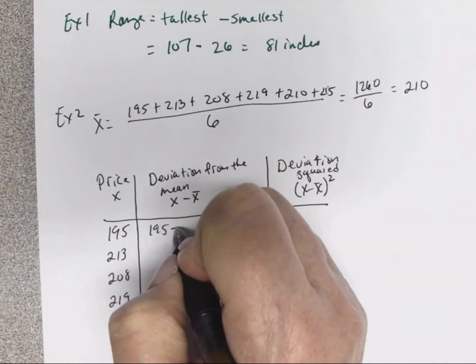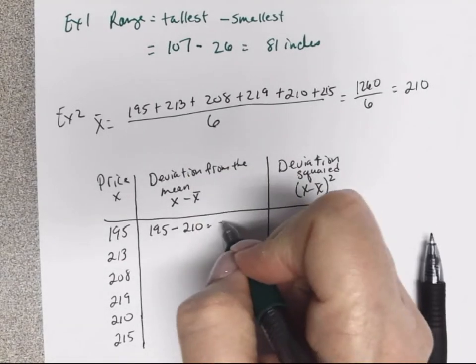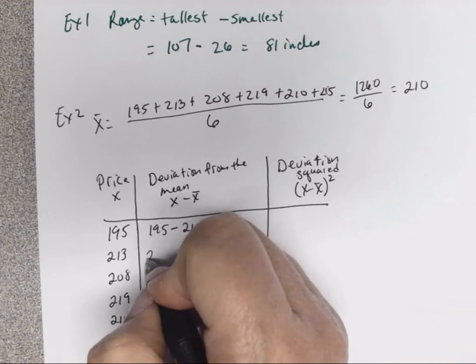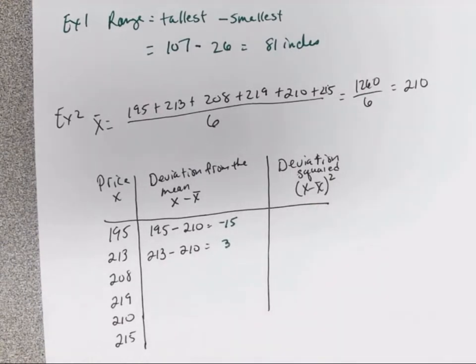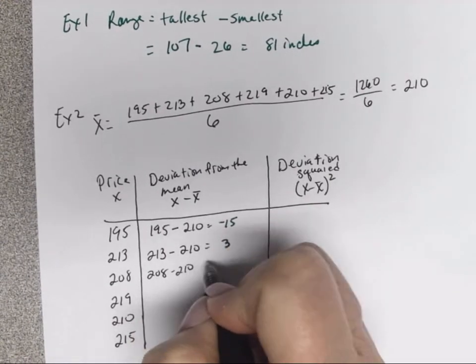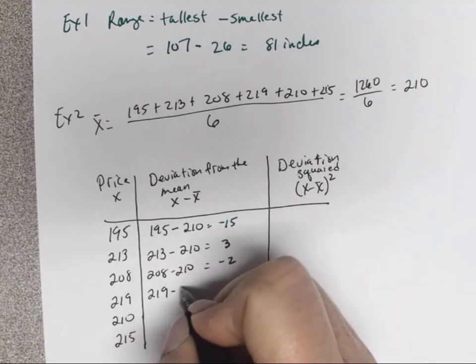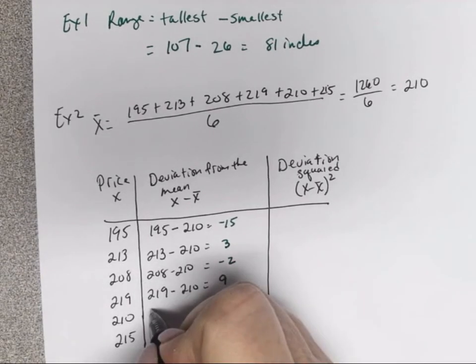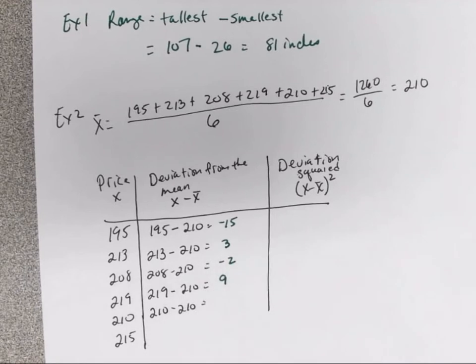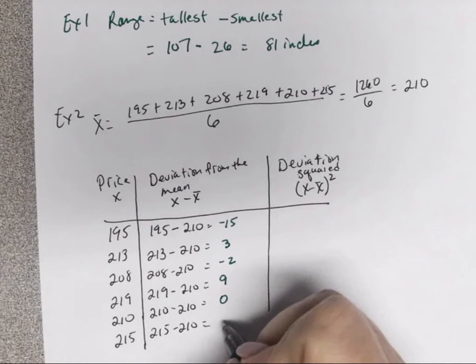So 195 minus 210 will get us negative 15. 213 minus 210 will get us 3. 208 minus 210 will get us negative 2. 219 minus 210 will get us 9. 210 minus 210 will get us 0. And 215 minus 210 will get us 5.